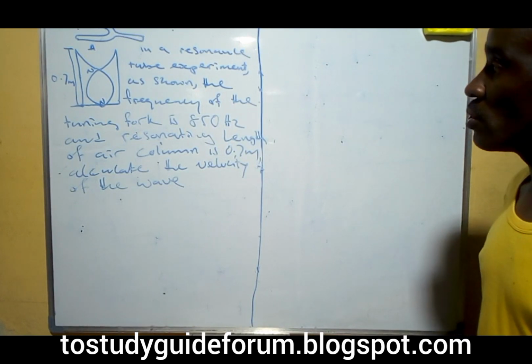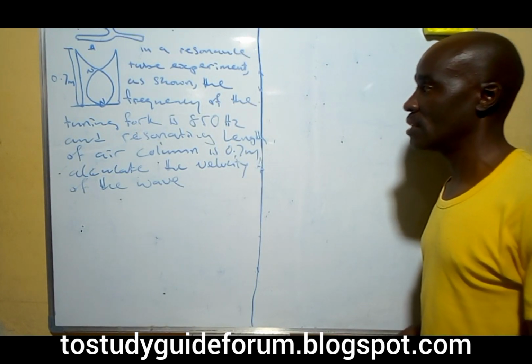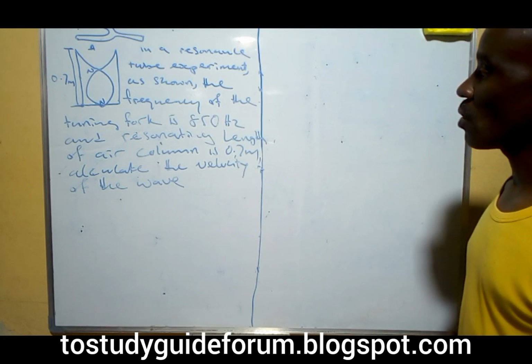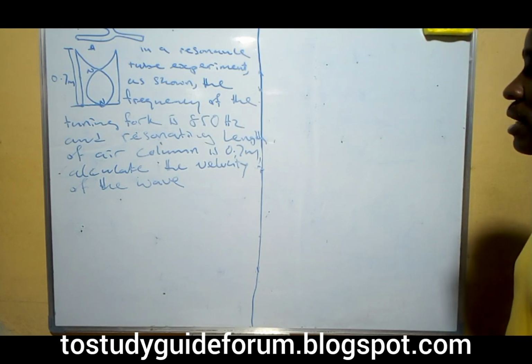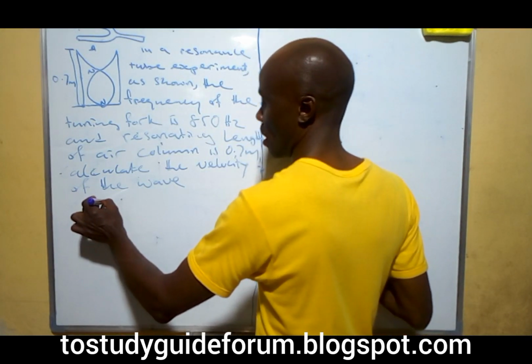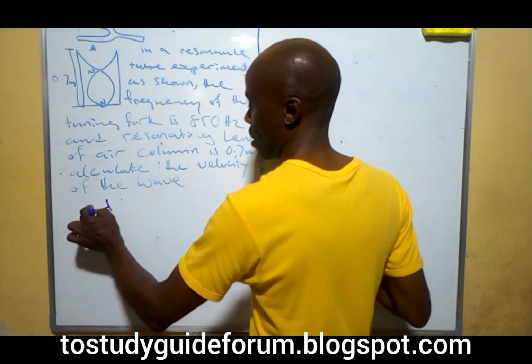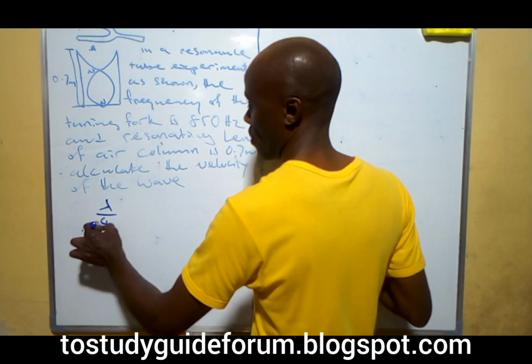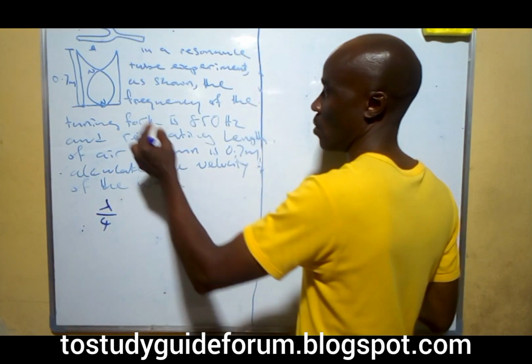In this case, if you look at that very well, we find out that this seems to be the second resonance. The first one we have to be lambda over 4, that is the second one.